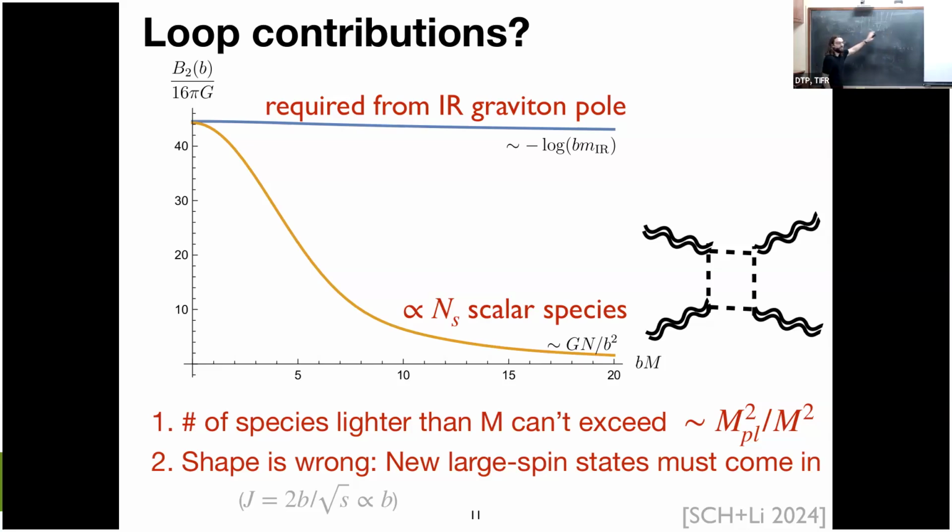And there's a scale at which they become similar to each other. That's the usual species scale, when, let's say, S and T are the same order. So basically, the loops compete with the tree.